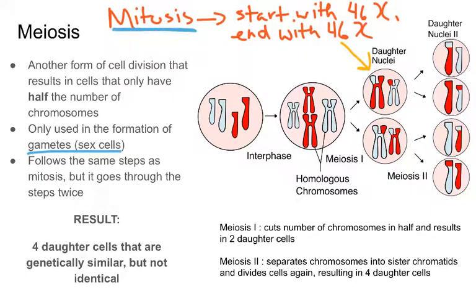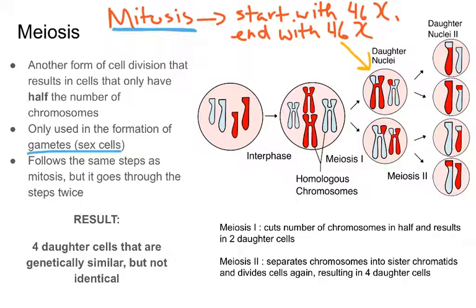It's only the sex cells that undergo meiosis, and that's because we need to cut the number of chromosomes in half. Otherwise, an egg is going to come to the table with 46 chromosomes and a sperm cell with 46, and when you combine that, you're going to end up with 92 chromosomes. Humans don't have 92. Humans have 46. So we have to cut the number of chromosomes down by half.